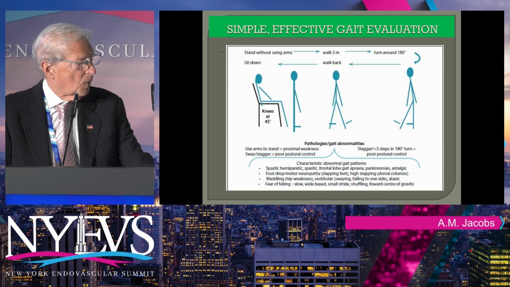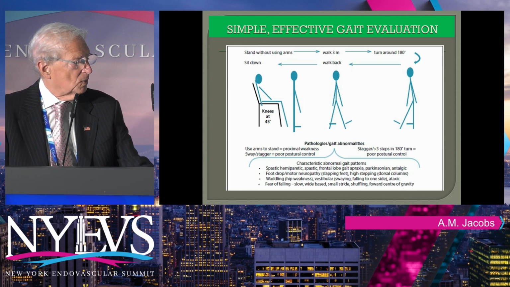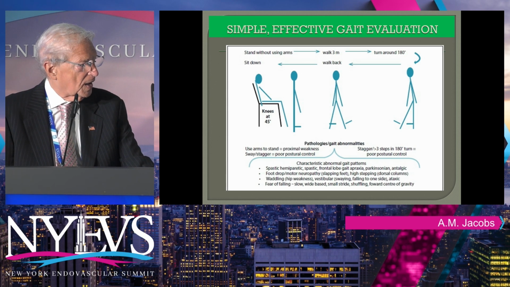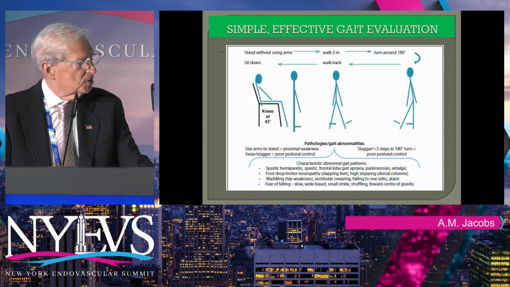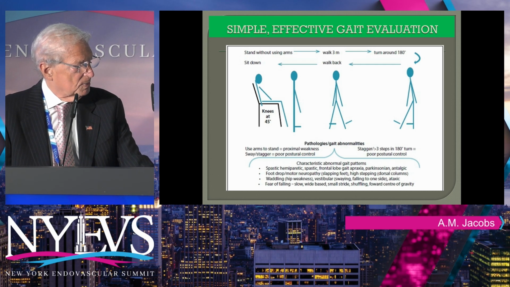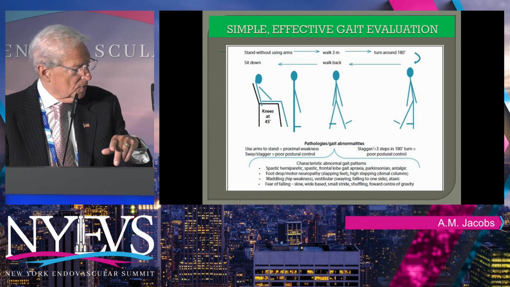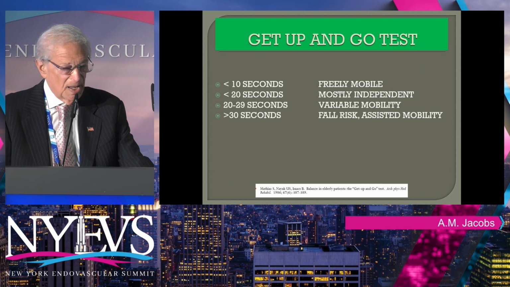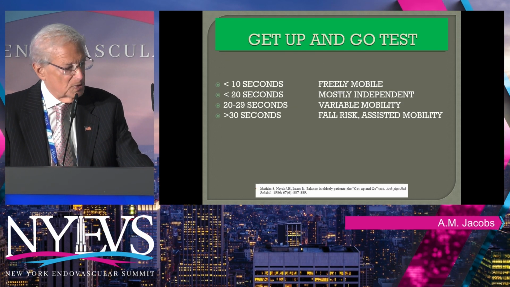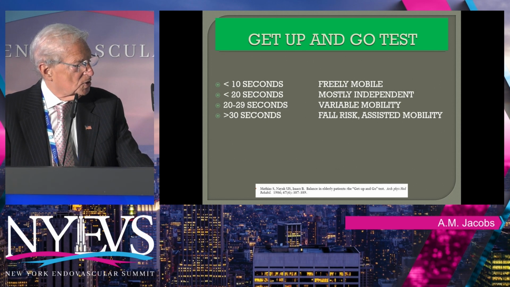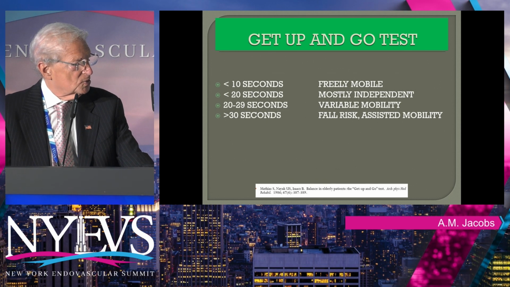And you could tell all sorts of issues, if they're grabbing the wall, if they're pushing off their thighs, if they're pushing off on the podiatry chair, if they're obviously unstable, if there's ataxia, if there's a drop foot. It shouldn't take them more than 3 steps to turn around. And there are times that are available for you to go read about and learn in determining whether or not a patient is predisposed to falling.